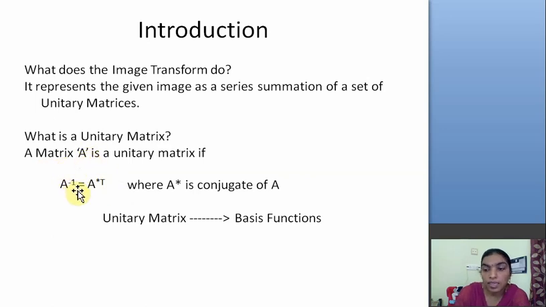It should satisfy this condition: A inverse is the complex conjugate of the transpose. If any matrix or image satisfies this equation, then that image or matrix is called a unitary matrix. Once it is a unitary matrix, it has some basis functions.